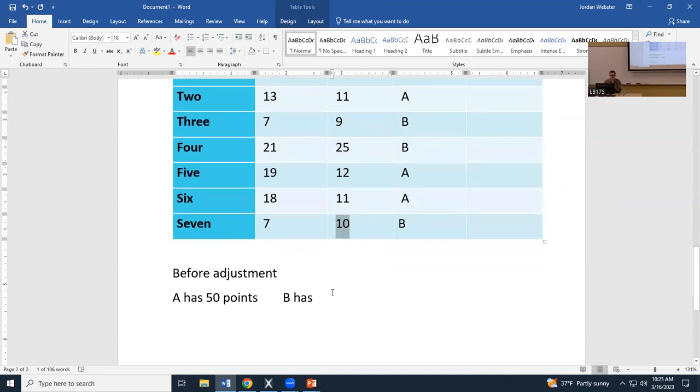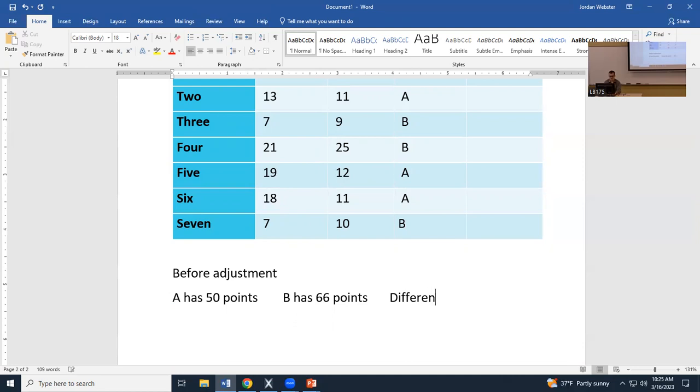When you add those up, that's a total of 66 points. Read that wrong line. Okay, that's a difference of 16 points.